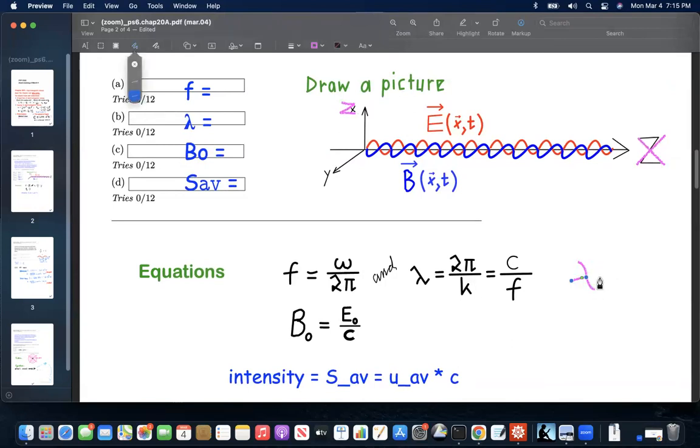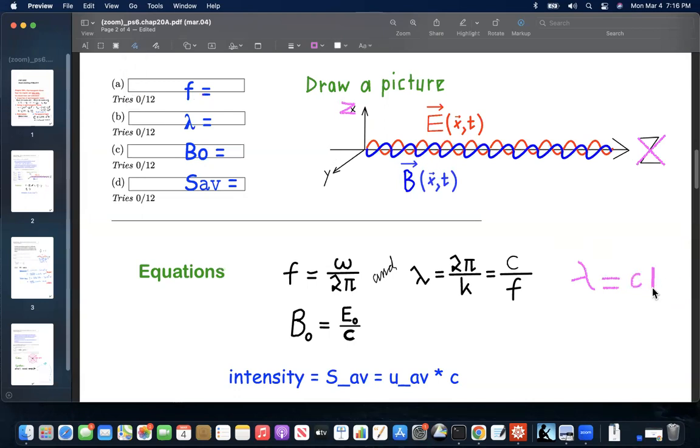To understand that equation, the wavelength is the speed, that's c, times the period of oscillation.